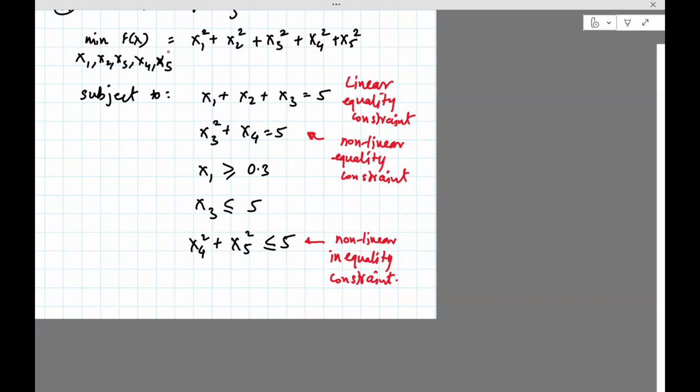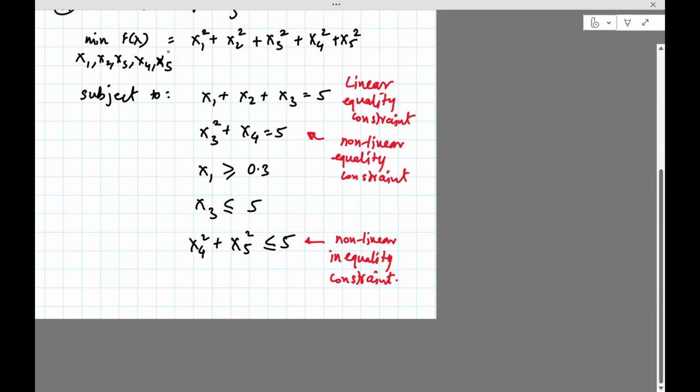Greater than 0 is also fine. Then there are two more left: x1 is greater than 0.3, x3 is less than 5. The way to think about those is as linear inequality constraints. That's one way to think about them because x1 and x3 are linear, and inequality because it's greater than or less than.